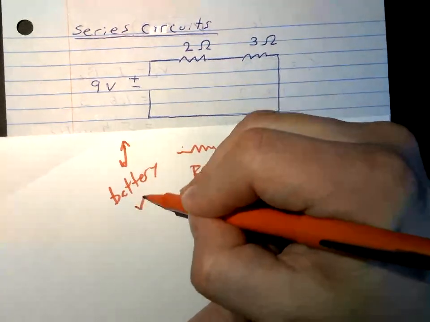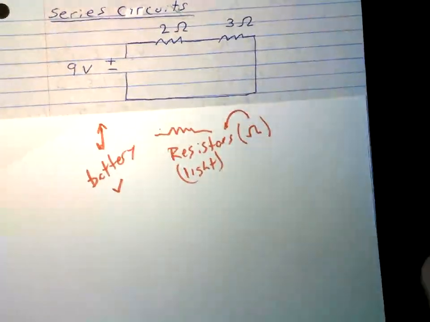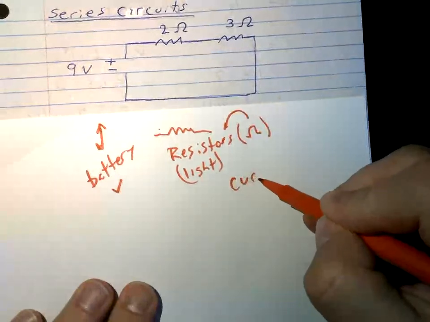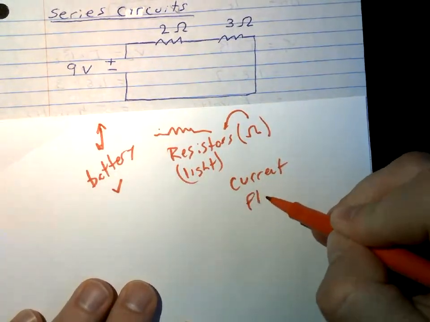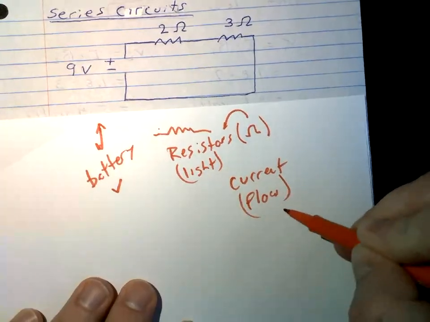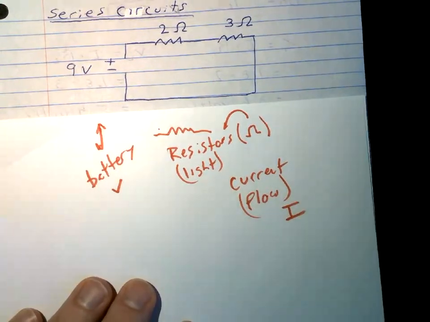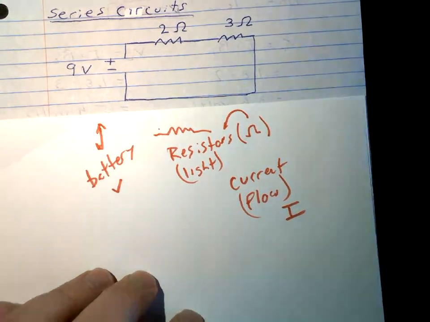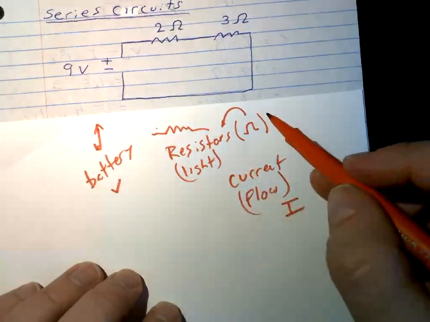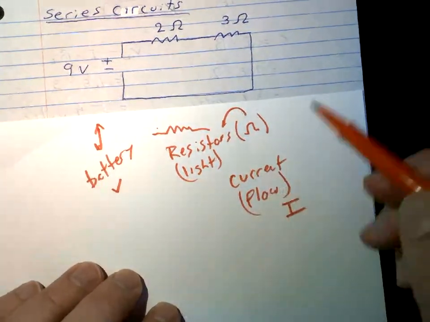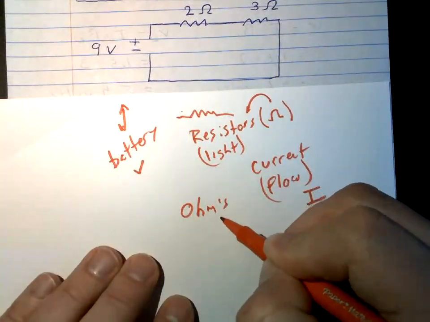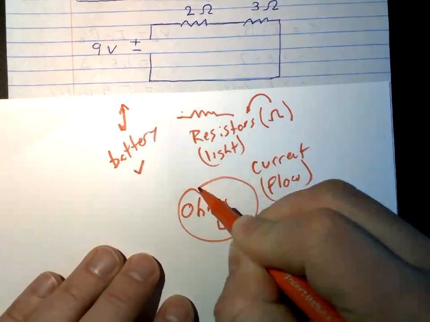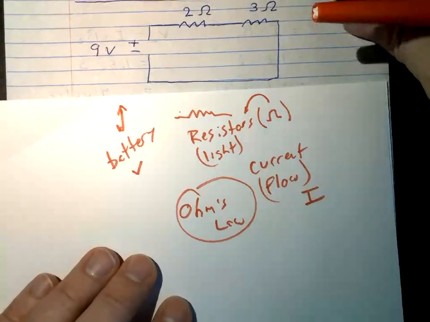Usually voltage is V, and the current, the flow, is represented by I. So you have this setup of V, resistors, and current. And we're going to talk about what we call Ohm's law in a little bit.